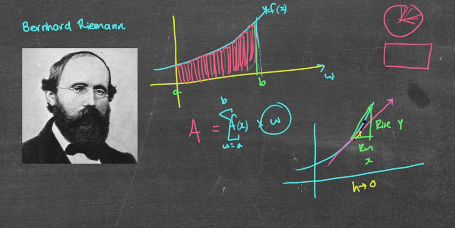Now, we said the gradient was rise over run, so we used a symbol: not y, but dy, which means infinitesimally small y values, and dx, which means infinitesimally small x values. So if our rise is dy and our run is dx, then the gradient equals dy dx.